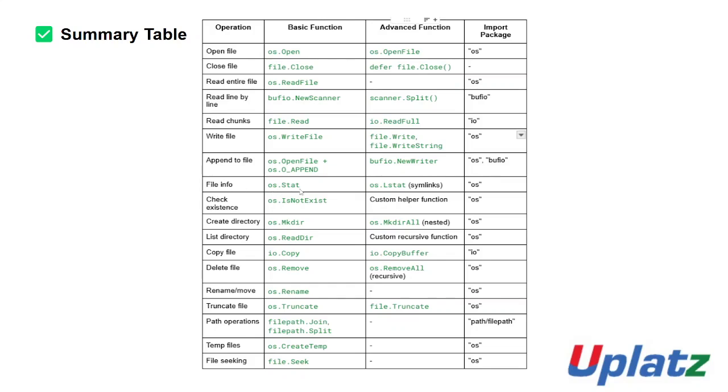File info: os.Stat, os.Lstat. This is for symlinks, os. Check existence: os.IsNotExist, custom helper function for os. Here the directory was tmpdir. All nested from os. List directory: os.ReadDir, and custom recursive function.